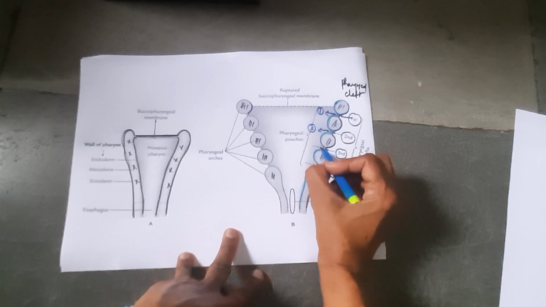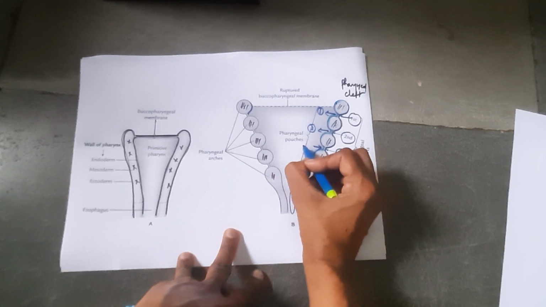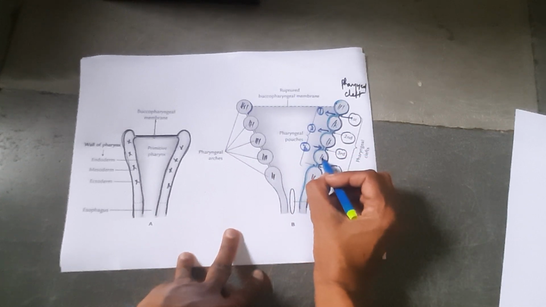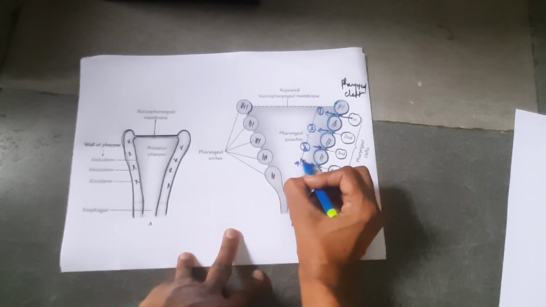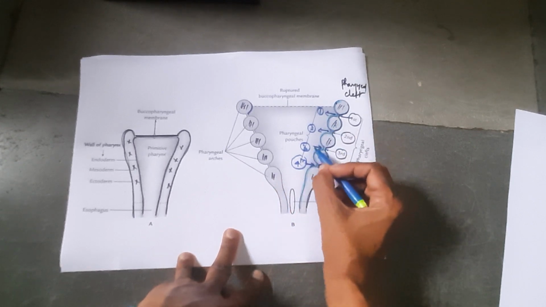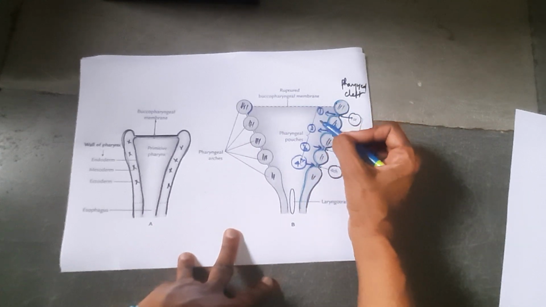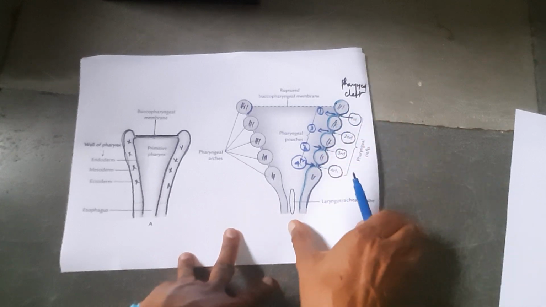The pouch between the third arch and the fourth is the third pharyngeal pouch, and the pouch between the fourth and the sixth arch is the fourth pharyngeal pouch. So there are four pharyngeal pouches between the arches, numbered from cranial to caudal.